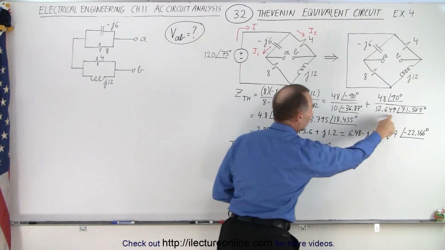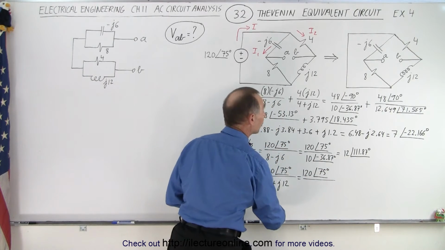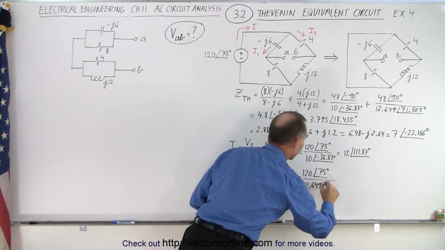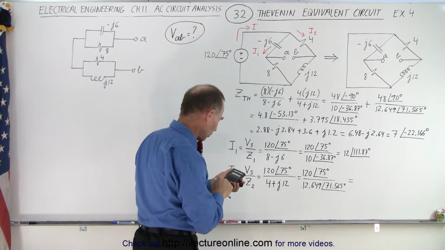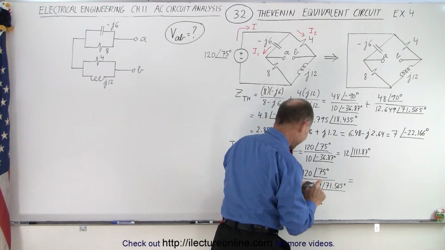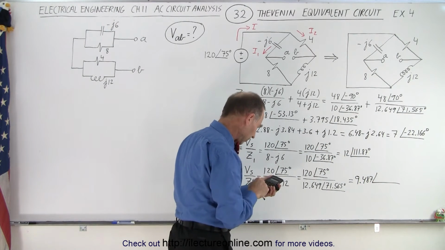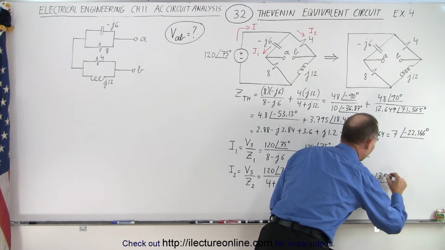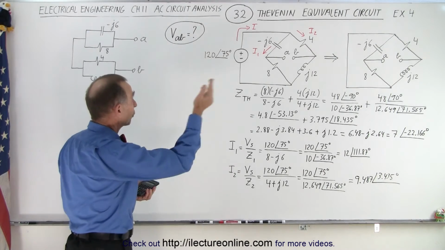So 4 plus J12 can be written as 12.649 with a phase angle of 71.565 degrees. 120 divided by 12.649 gives us 9.487, with a phase angle of 75 minus 71.565, which gives us 3.435 degrees.